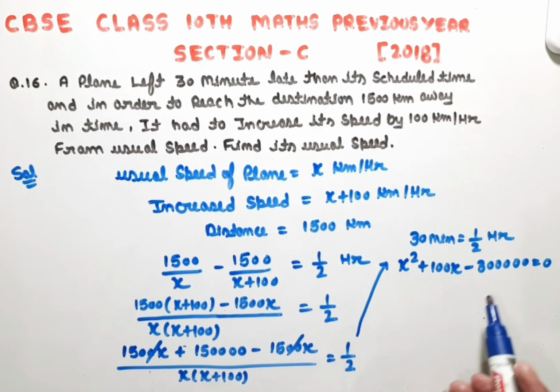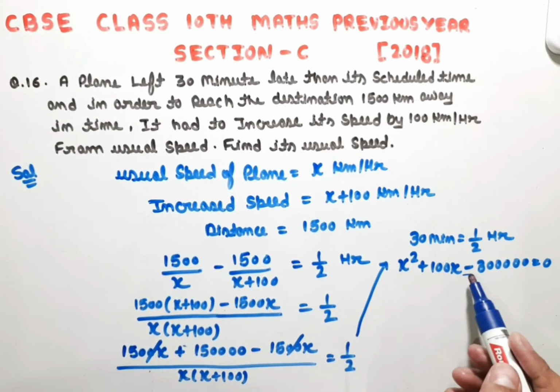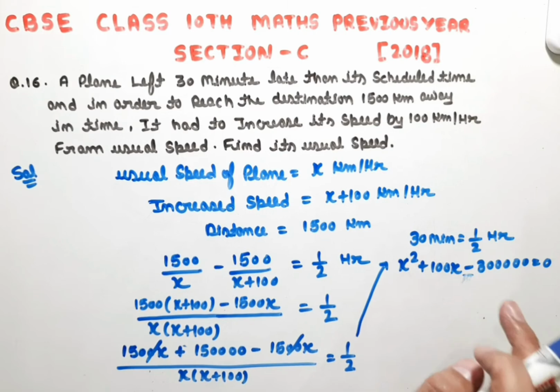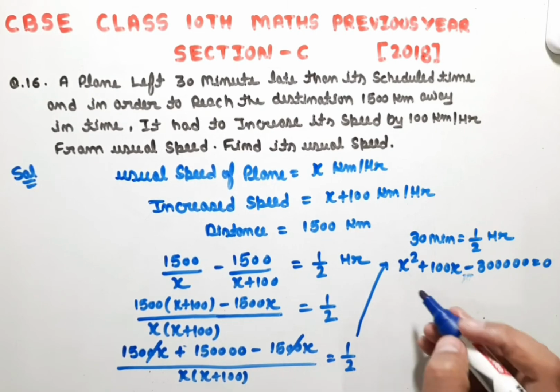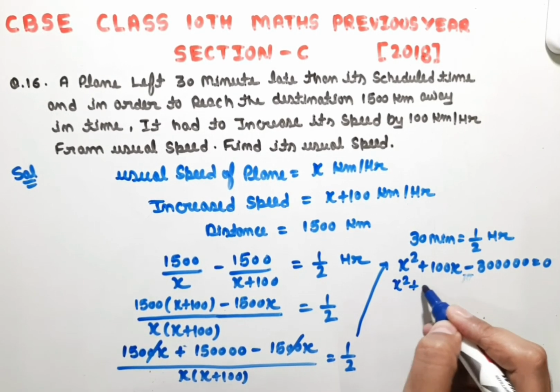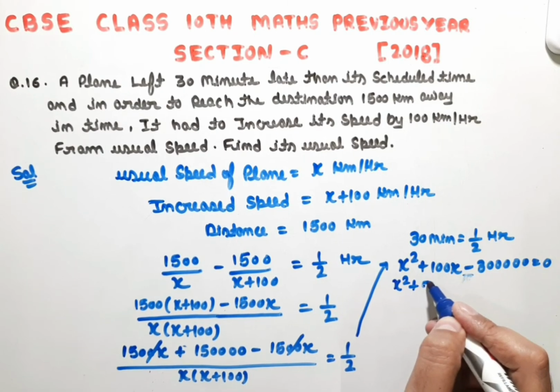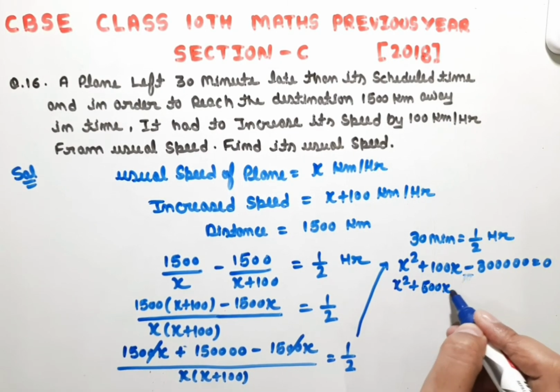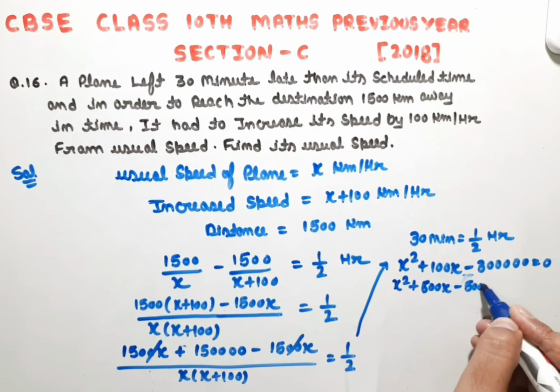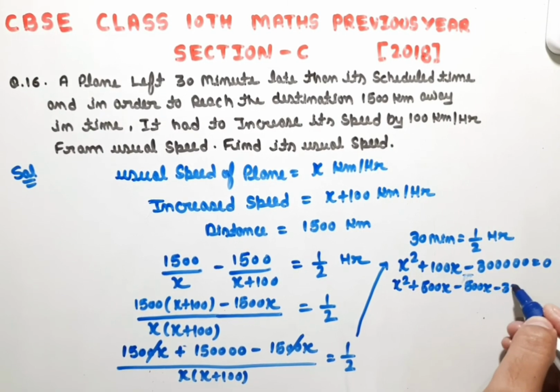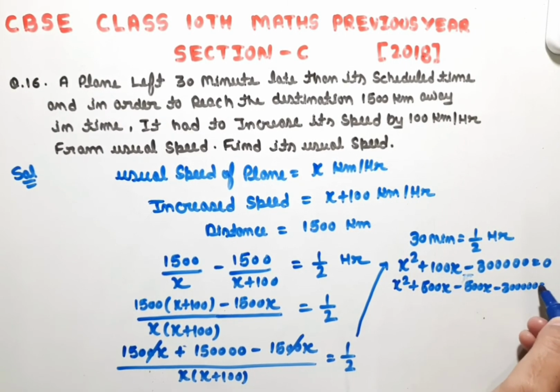Now we have to find factors of 3 lakh such that their difference is 100. So 500 and 600. So x square plus 600x minus 500x minus 3 lakh equals to 0.